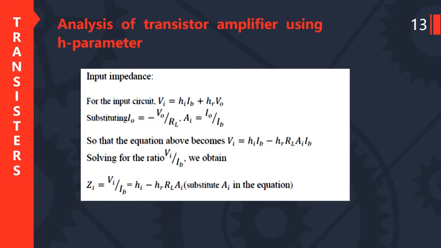Solving for the ratio VI by IB, we obtain ZI is equal to VI by IB is equal to HI minus HR RL into AI. Substitute AI in the equation. So we find the input impedance.